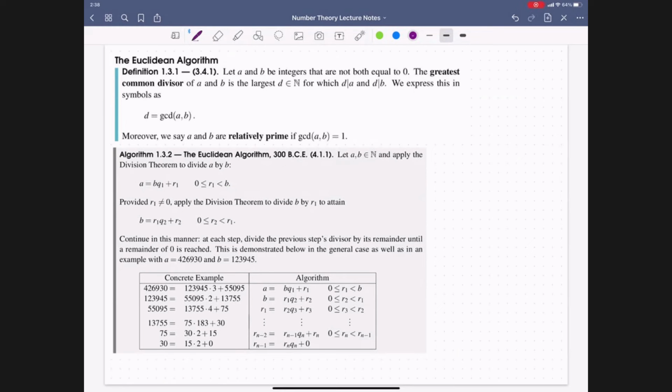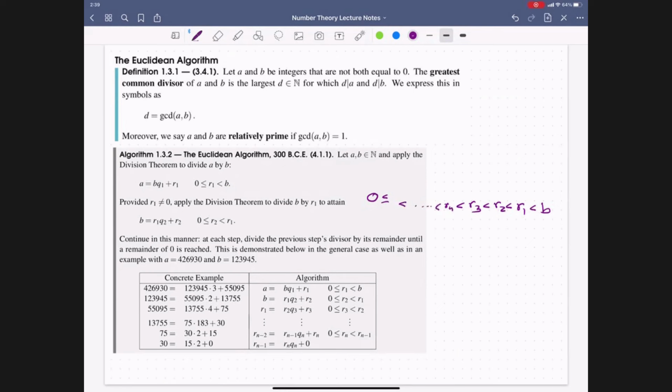And so in the setup, we start off with b, and we have an r1 that is less than b, but then we get an r2 that is less than r1. But these are always non-negative, so we always have that these are non-negative. And at every step, we get a smaller number, r4, and so on and so forth.